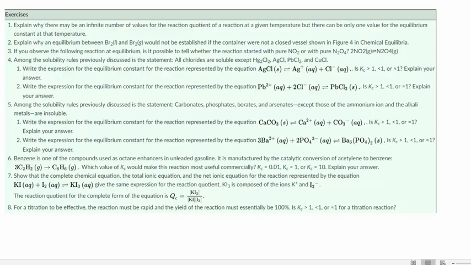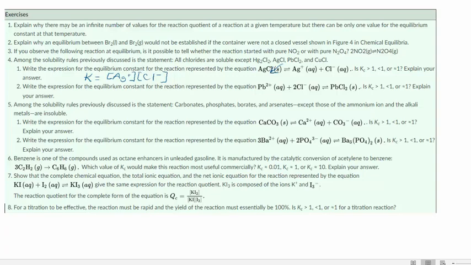Number 4, among the solubility rules previously discussed, write the expression for the equilibrium constant for the reaction represented by this equation. Well, it would be the concentration of the products raised to their appropriate coefficients divided by the concentration of the reactants. But we do not use solids in our equilibrium constant expression.